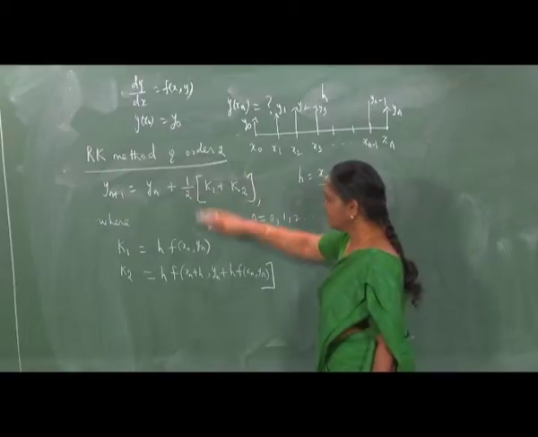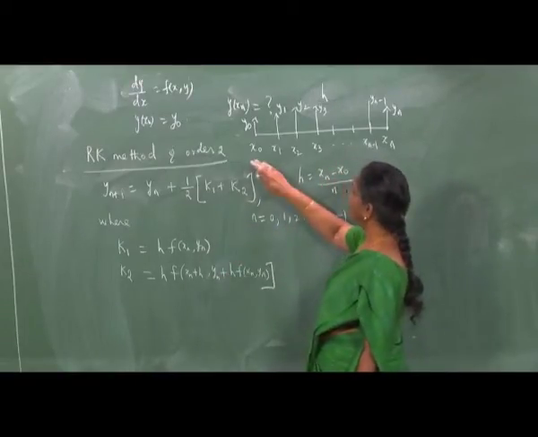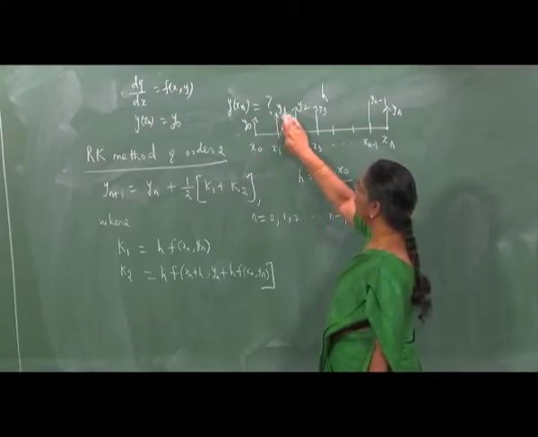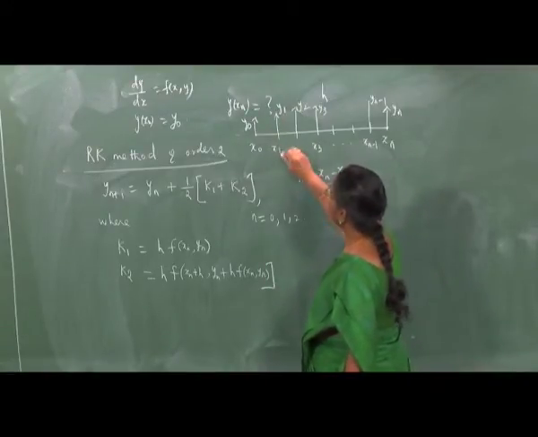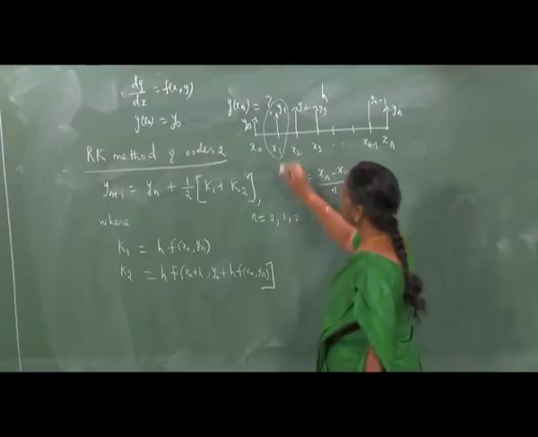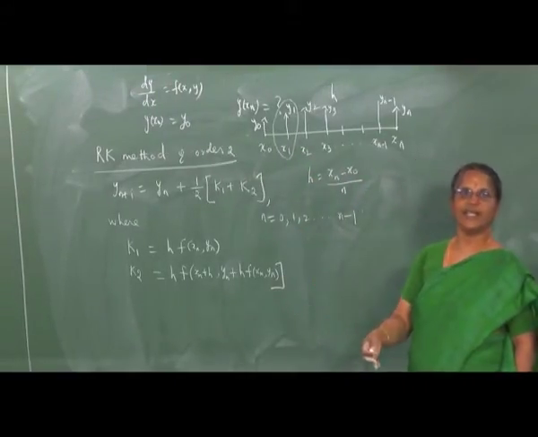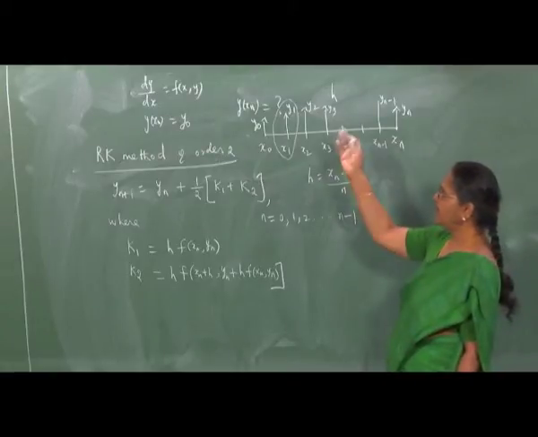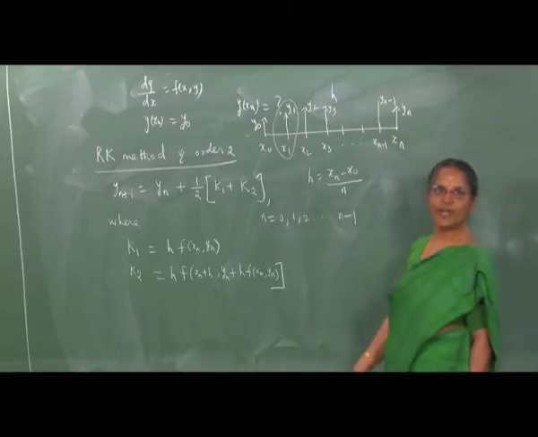Use this single step method, which is an explicit method, and compute what y1 is, namely it is y at x1. Once you know the solution at x1, namely y1, it is as though you are solving an initial value problem dy by dx is f of x comma y with y at x1 is equal to y1.